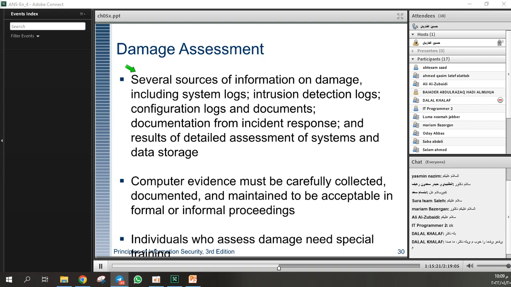But again, after an incident, we have to do damage assessment. It means that we need to review the whole logs: system logs, detecting logs, configuration logs, documents, everything.